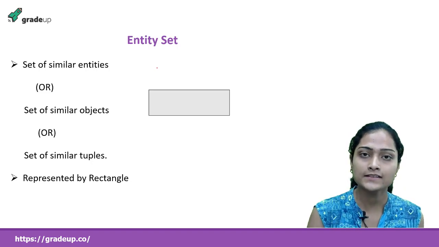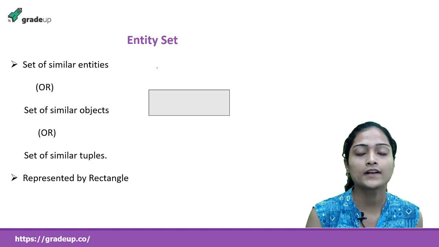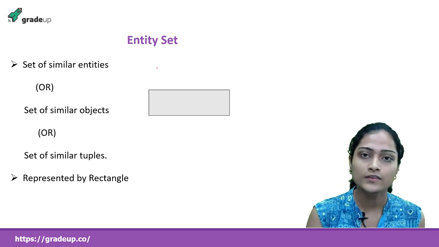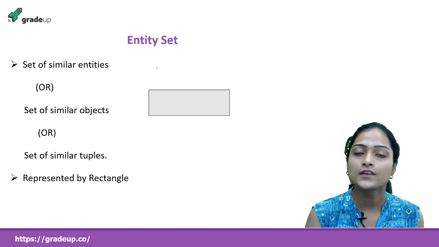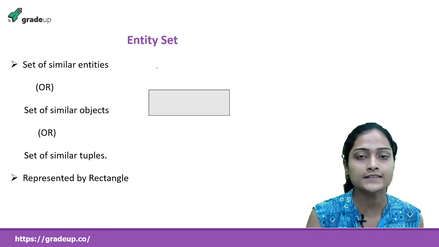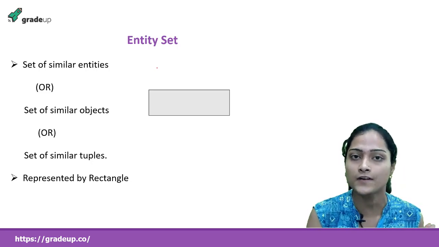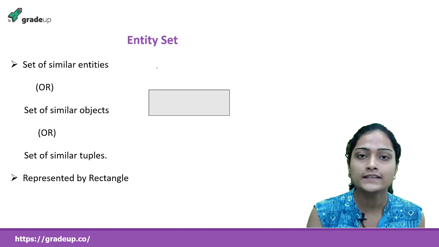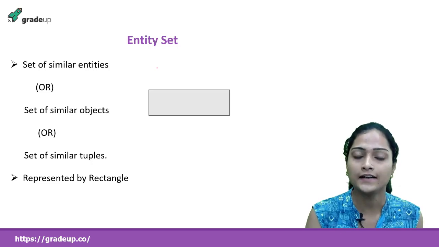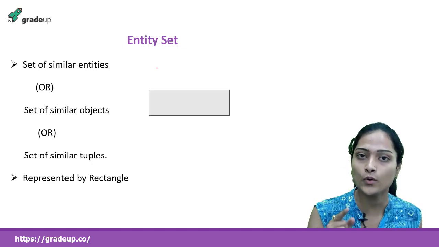First of all, let us get the meaning of entity. What is an entity? A set of similar data, a set of similar objects. Suppose you want to store details of a student, the same example which we discussed in our first video lecture. You have to store student name, student ID, course taken, all these things. This will make an entity, that is a particular row in a relation.